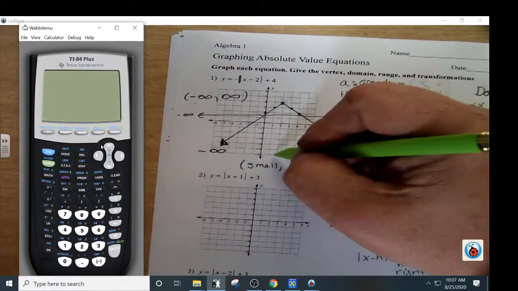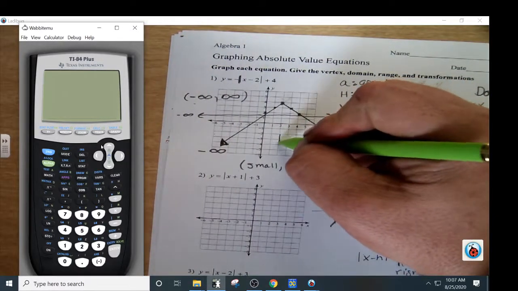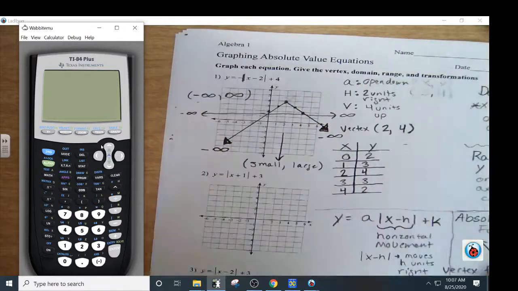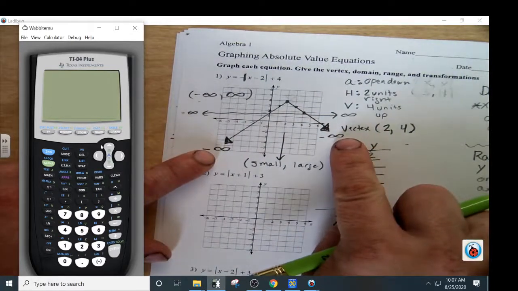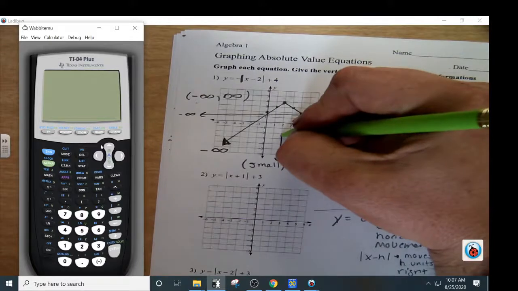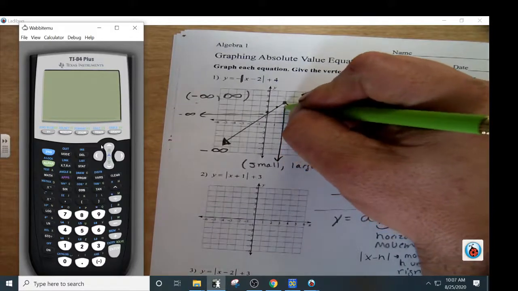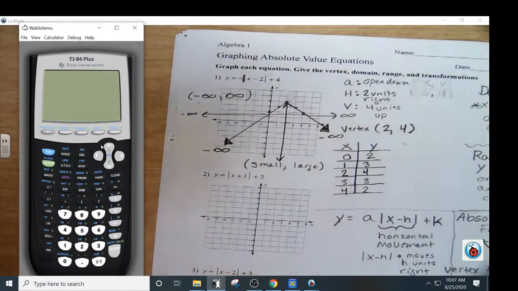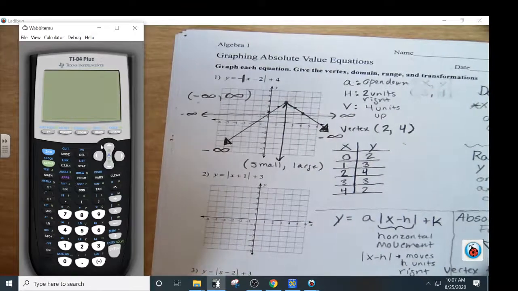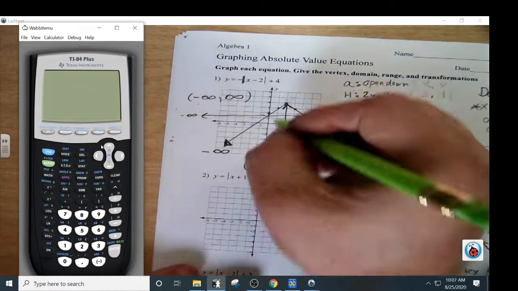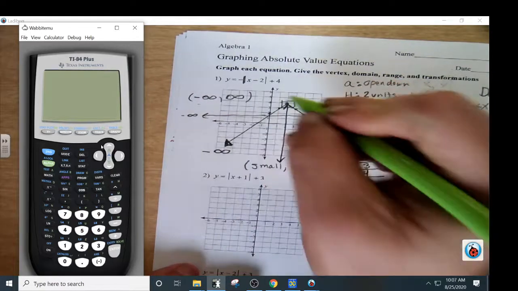Now, guys, looking at this, everybody agree that this thing goes to negative infinity, right? We established that here. But will this function go to positive infinity? Or does it stop somewhere? It stops at my vertex, right?